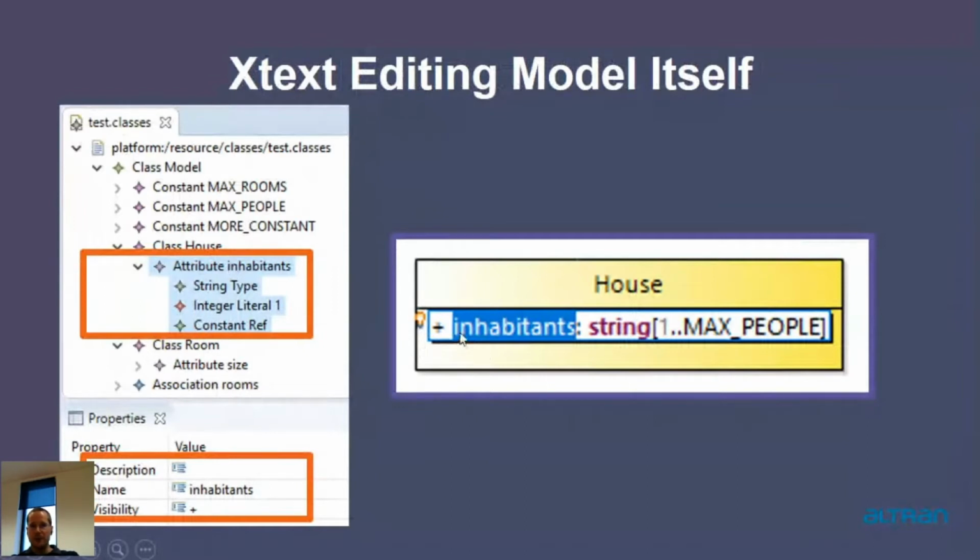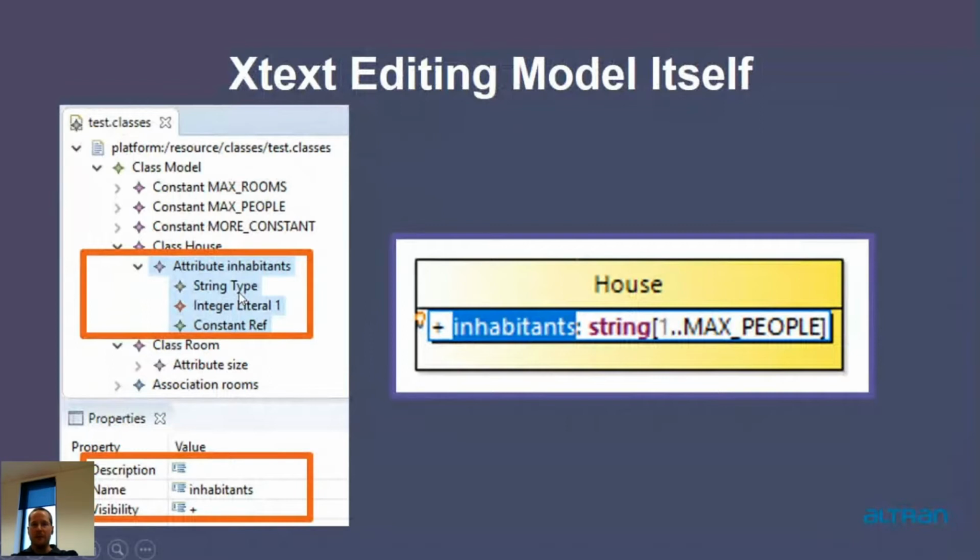There is an inhabitant, which has a type string, a lower bound of one, and an upper bound, which is a constant reference here. So here we actually added parts of the model. That's a way more interesting and technologically challenging integration. But here you can see it's very useful.